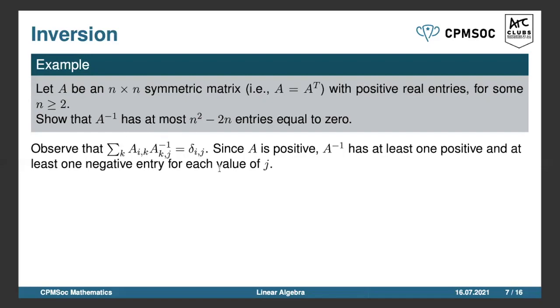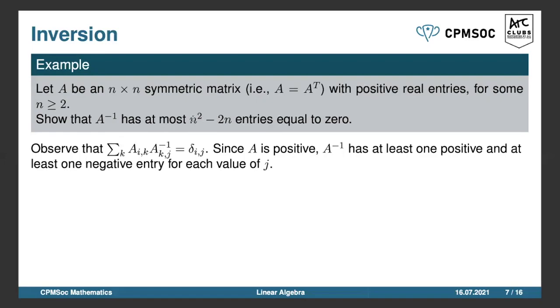And if we follow this argument through, we end up seeing that A inverse has to have at least one positive entry in the ith row, and at least one negative entry in the ith row, which means it has 2 entries not equal to 0. And if every row has 2 entries not equal to 0, well, we know that there are at least 2n entries in the matrix that are not equal to 0 because there's n different rows.